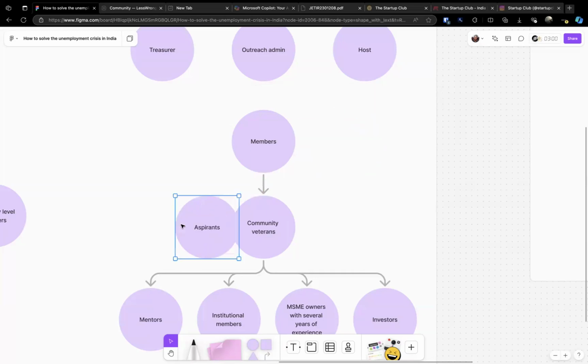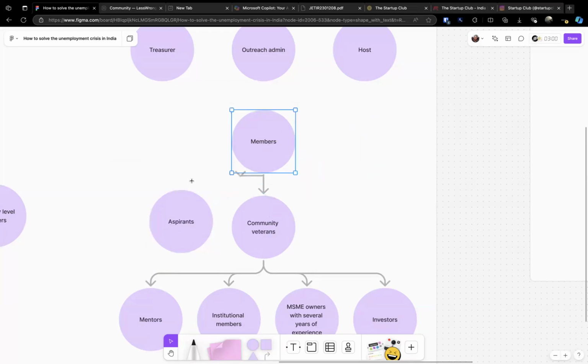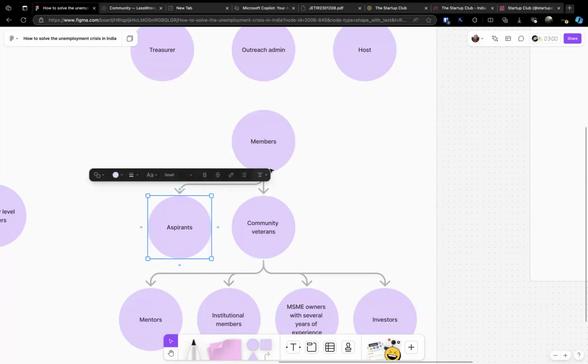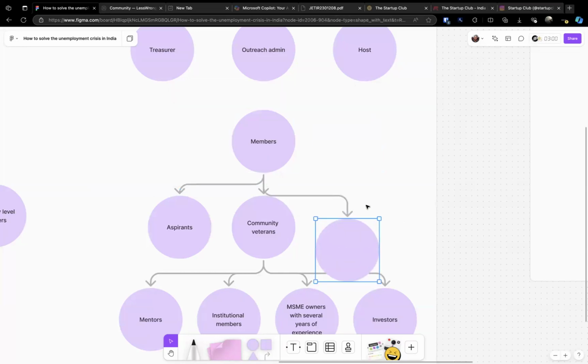So you have members, and then you have aspirants, and then you have community veterans, and you also have early stage entrepreneurs.